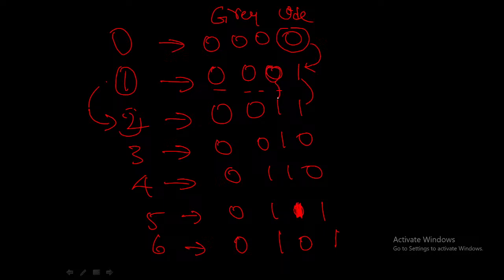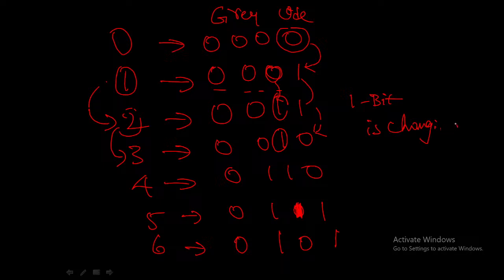If you observe 2 and 3, the last but one bit is the same, but the LSB is changing, and all other bits remain the same. So if you compare two numbers 0 and 1, or 1 and 2, or 2 and 3, only one bit is changing.